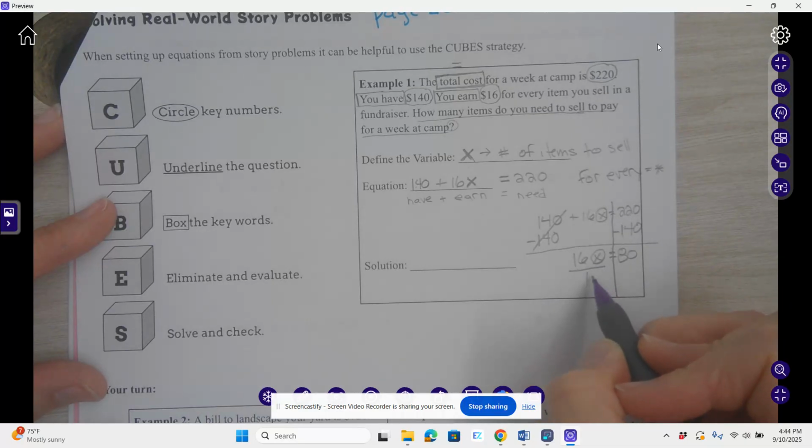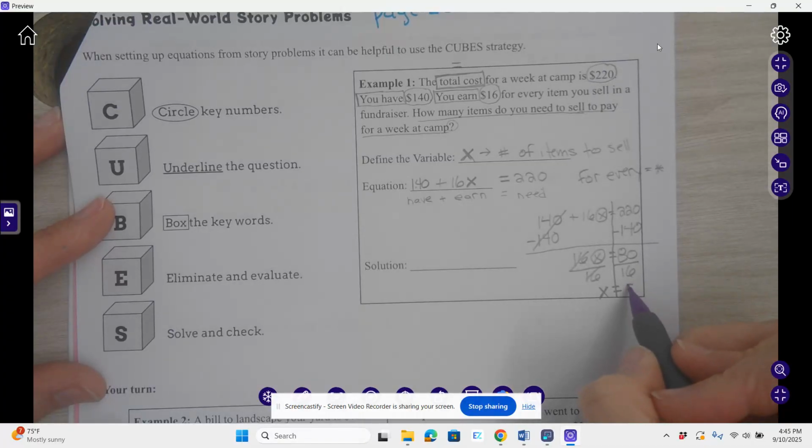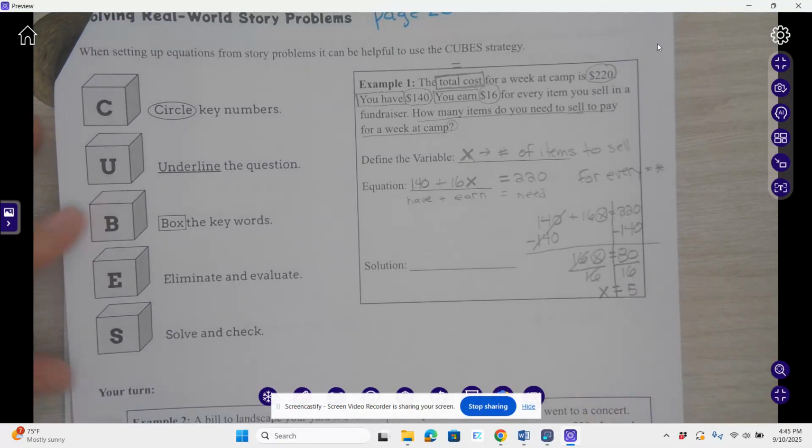To get x by itself, I'm going to divide both sides by 16. 16 divided by 16 is 1x, so that's 1x equals, other side of the equal sign is 80 divided by 16, that is 5. Okay, so my solution is x equals 5.